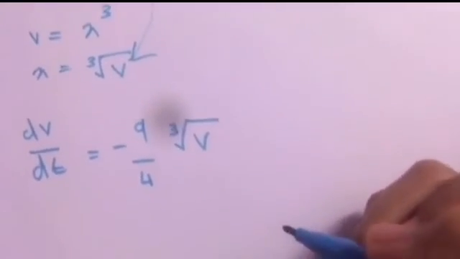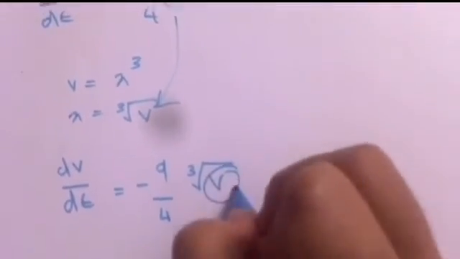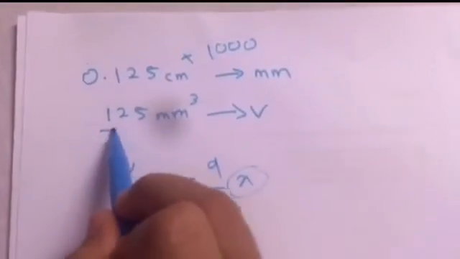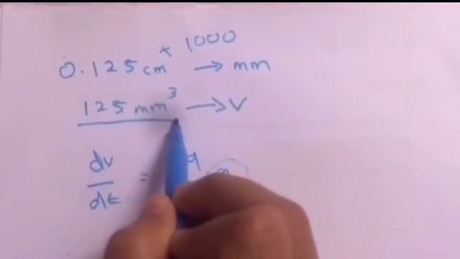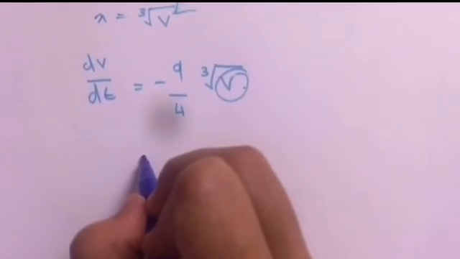Now we already have the value of V, which is 125 millimeters cubed. We just need to calculate the answer.